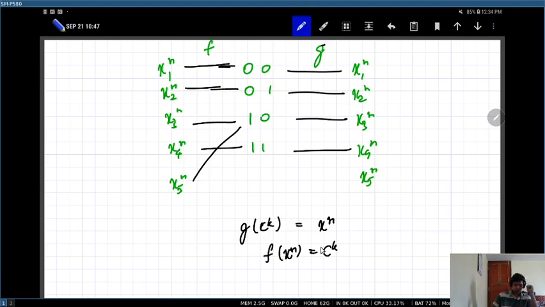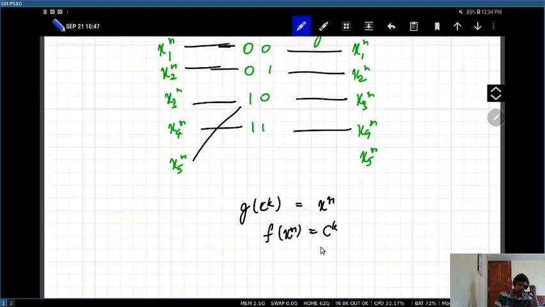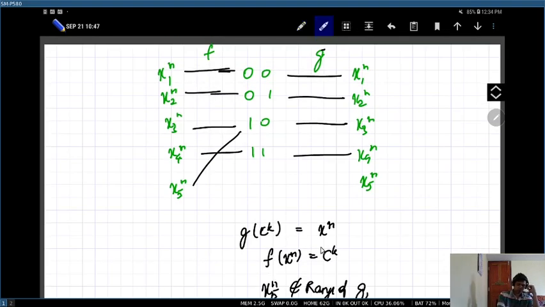So that is one thing. But if some xn, say x5n, is not in the range of g, then it doesn't matter what that is mapped to, right? So that is point number 2.